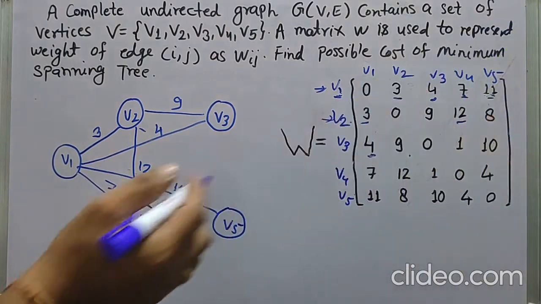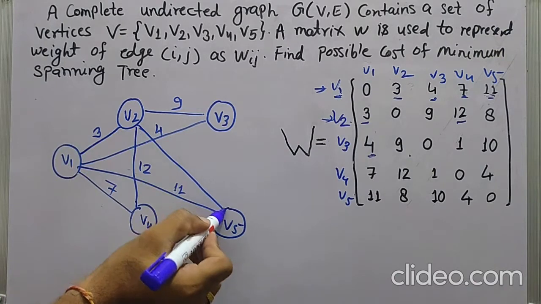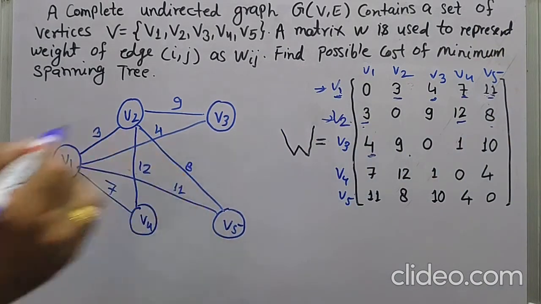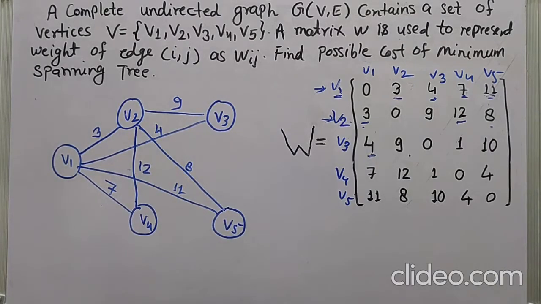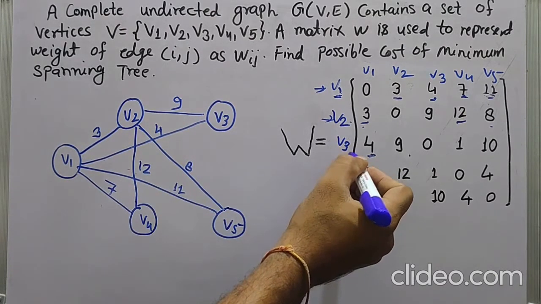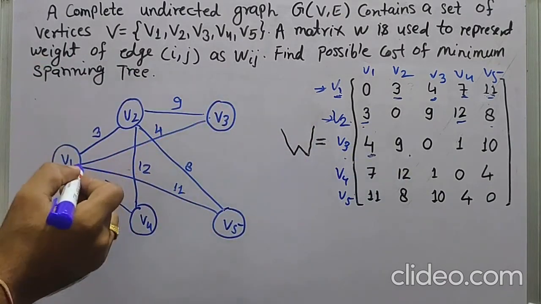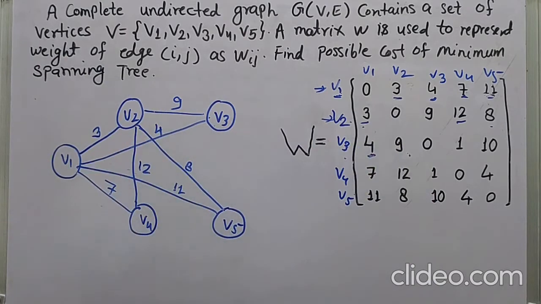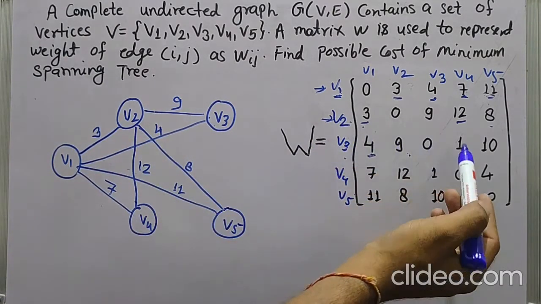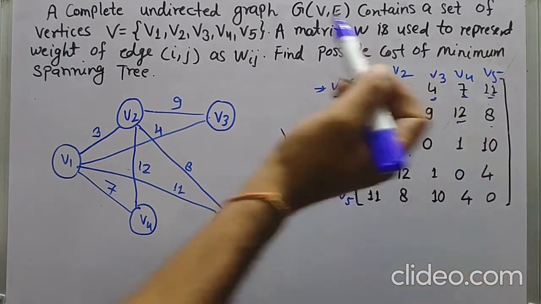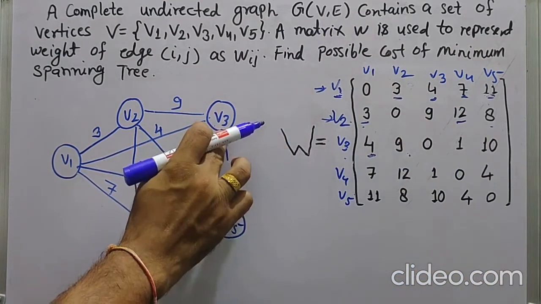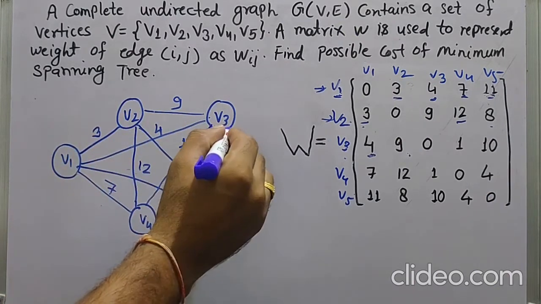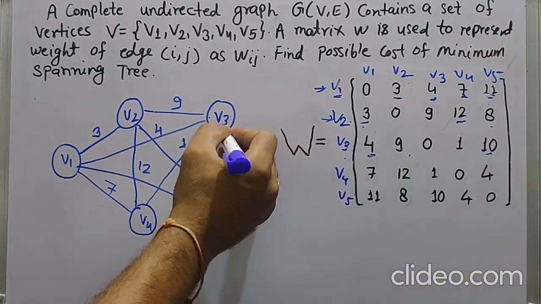V2 to V5 is 8. Clear? Next V3. V3 to V1 is 4 and V3 to V2 is 9, which we have already done. V3 to V3 is 0, no edge. V3 to V4 is 1. V3 to V5 is 10.